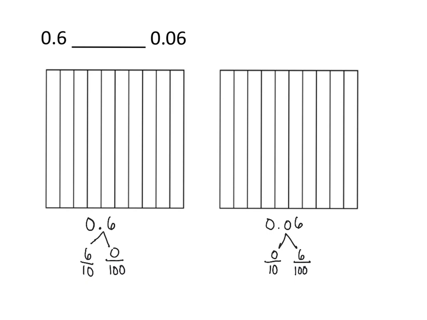All right, so we are going to go into our area model, first one, 0.6, and we are going to shade in 6/10. 1, 2, 3, 4, 5, 6. This represents 6/10. Now on the other side, we do not have any tenths. So we will not be shading one of these here, because there's no tenths. We jump right into the hundredths.